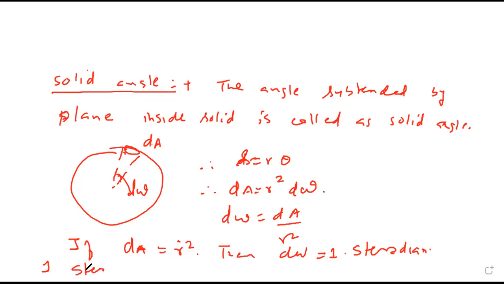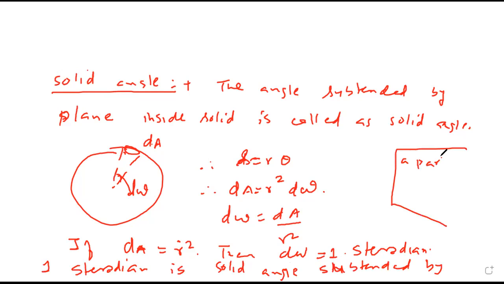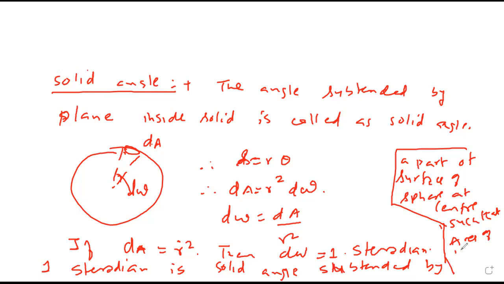1 steradian is solid angle subtended by a part of surface of sphere at center such that area of that part is square of radius of sphere.